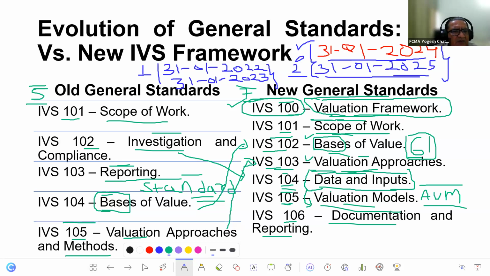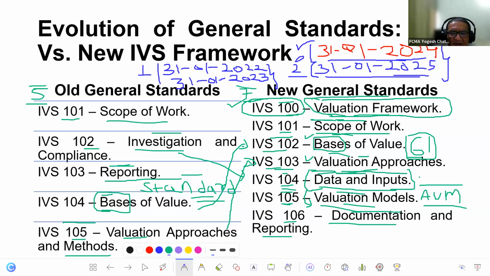And once we have arrived at the estimate of value, then we will finalize the valuation report and finalize the documentation and retention thereof. So that is in brief the order of activity that one should follow in any valuation assignment.